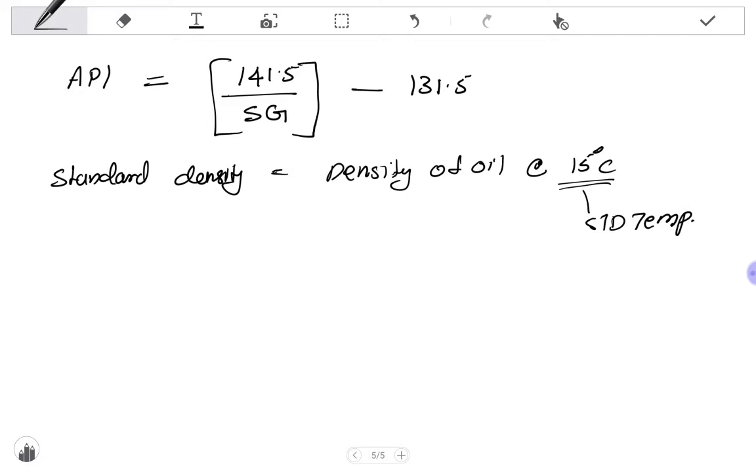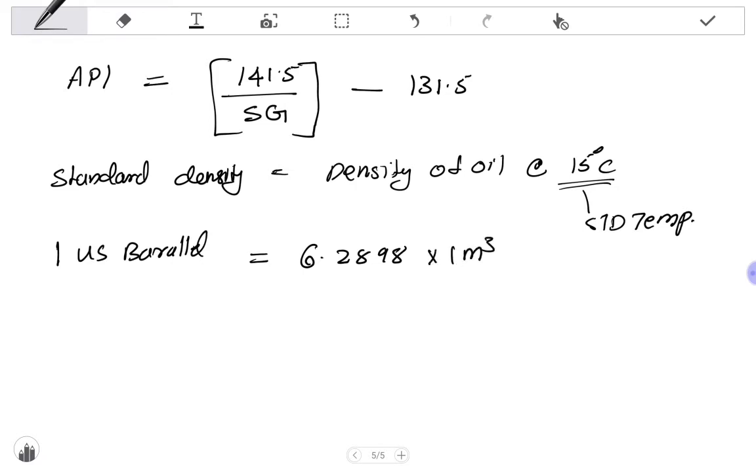Now standard density is at the standard temperature of 15 degrees. Now what is another thing? 1 US barrel is 6.2898 into 1 metric cube.